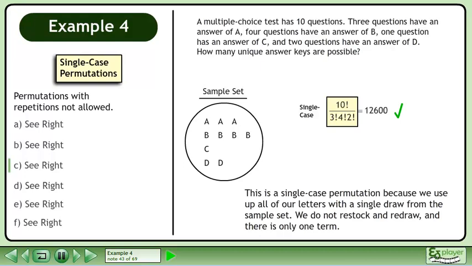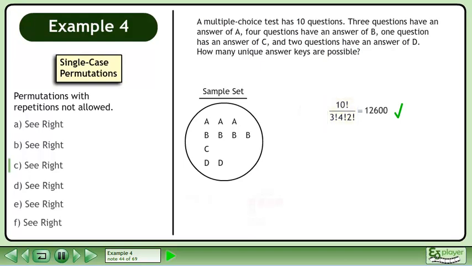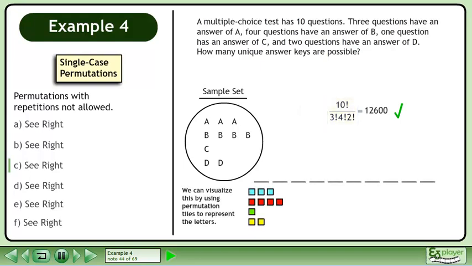This is a single case permutation because we use up all of our letters with a single draw from the sample set. We do not restock and redraw, and there is only one term. We can visualize this by using permutation tiles to represent the letters. There are 10 options for the first position.